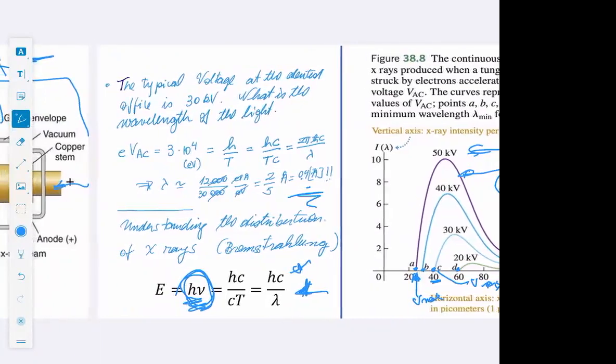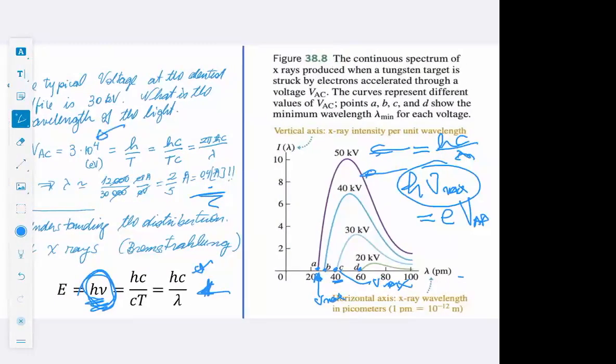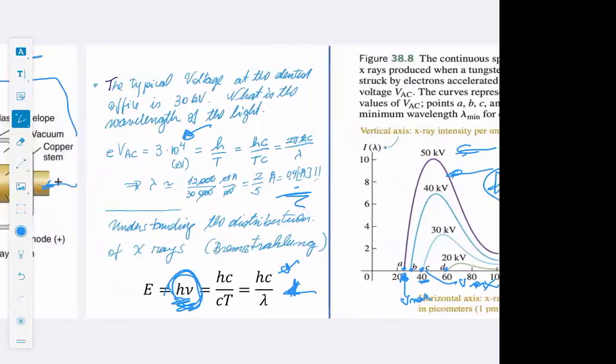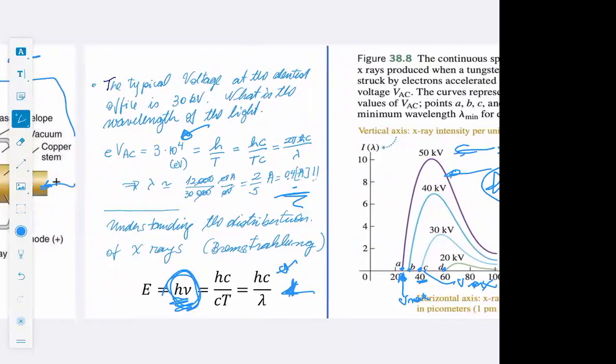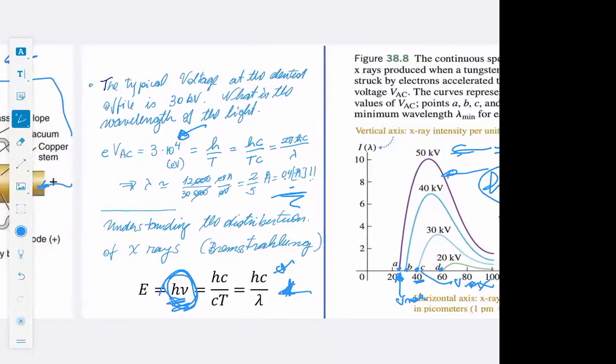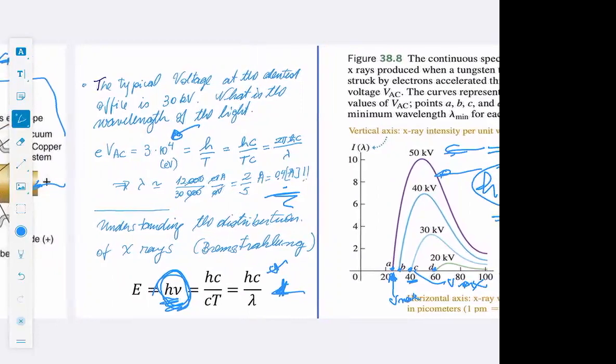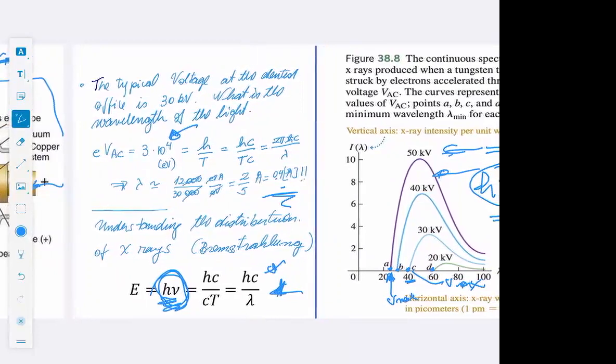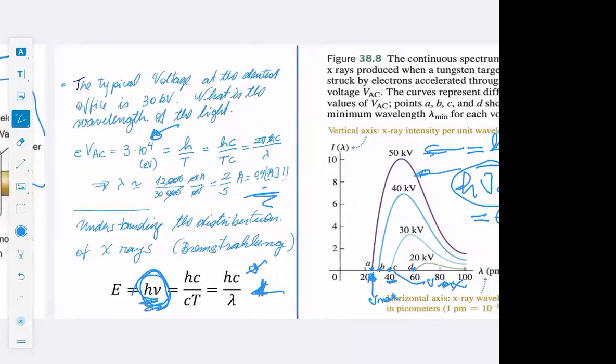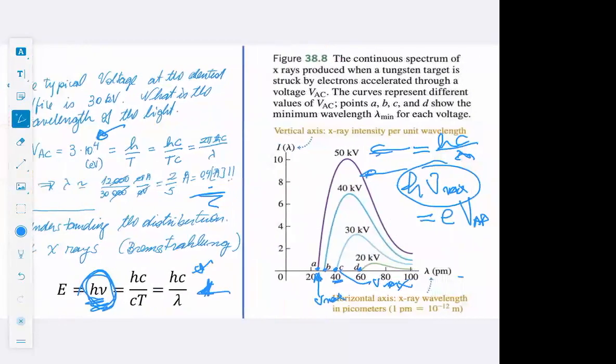So when I have 30 kilovolts applied, I'm using 30 kilo electron volts, because the energy in electron volts is simply the charge of an electron multiplied by the difference of potential, and that's what gives the units of electron volts.